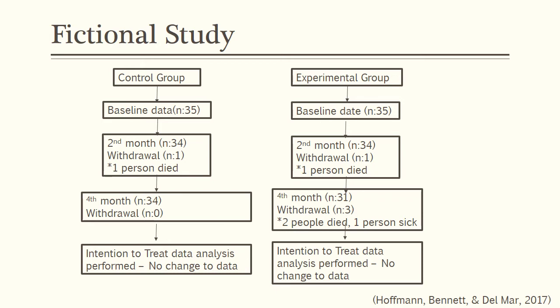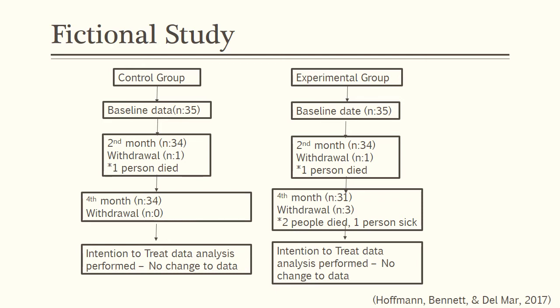To better understand why this is the case, let's look into this fictional study further. So here we have participants randomized to a control group and an experimental or intervention group. As you can see, the baseline data is 35 participants for each group.